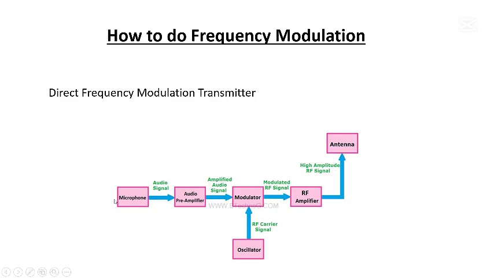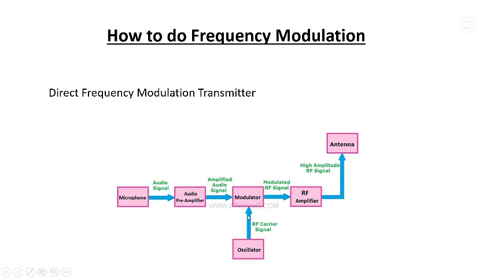Here, from the microphone, we will have our audio signal, and then we will process it in the pre-amplifier stage, where we will do some filtration and amplify it. Then we will have our modulator stage, the block of the modulator.